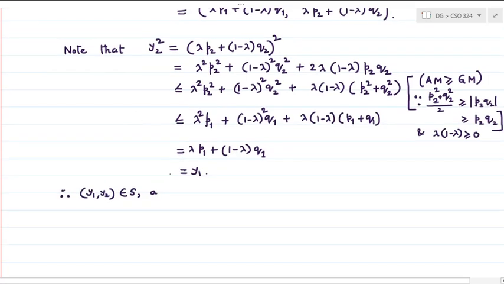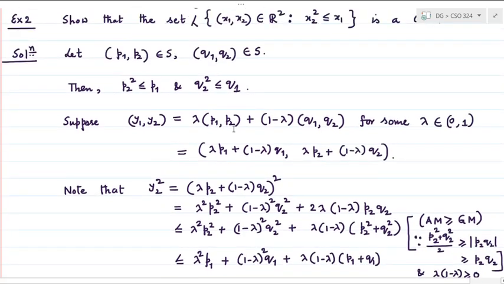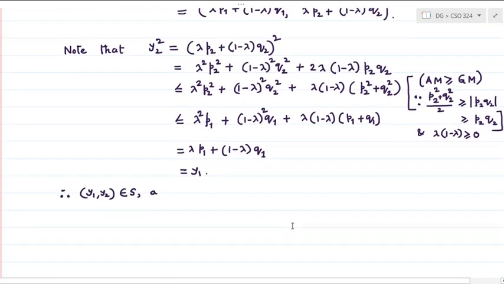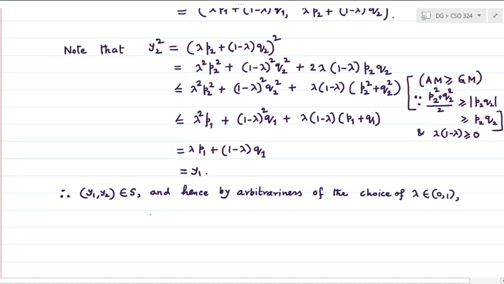Therefore this convex combination lambda into p1 p2 plus 1 minus lambda into q1 q2 is inside the set S for any lambda in open 0 and 1, and that proves that the set S is convex.